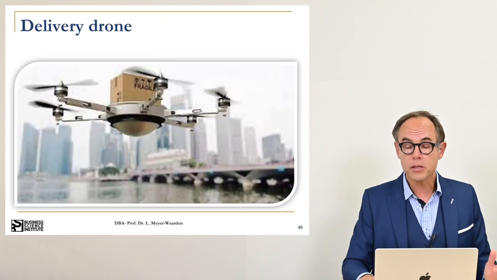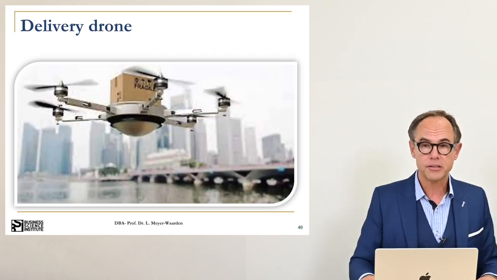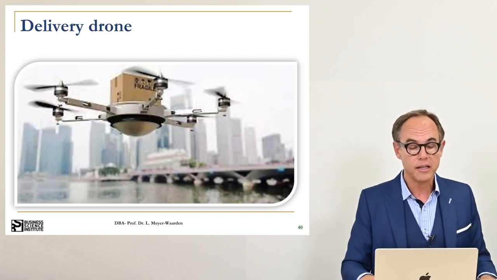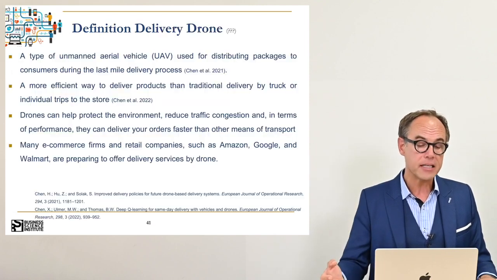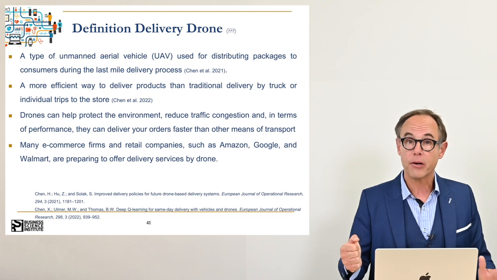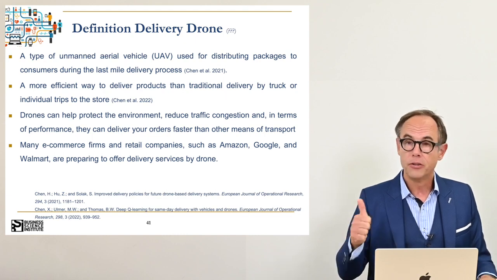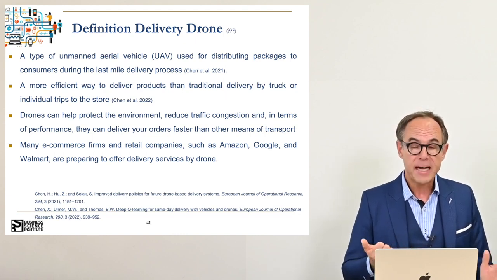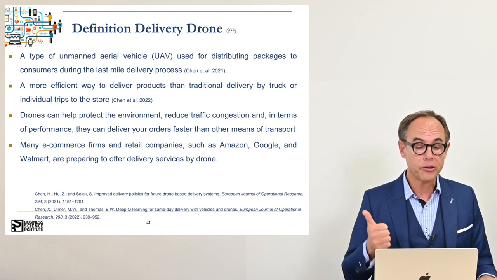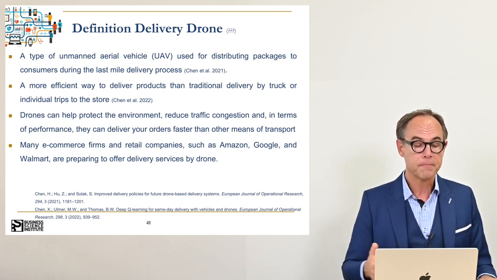And the last definition of the research we have done about disruptive AI-based technologies are delivery drones, which is an unmanned aerial vehicle, that is why also called UAV, used for distributing packages or parcels to consumers during the last mile delivery process.